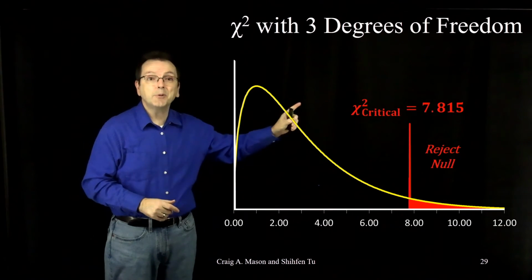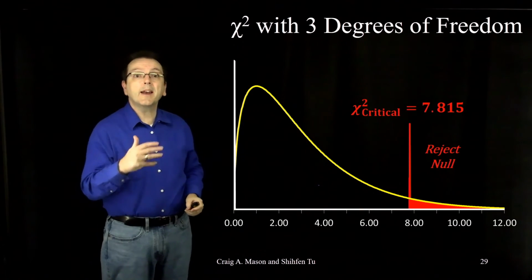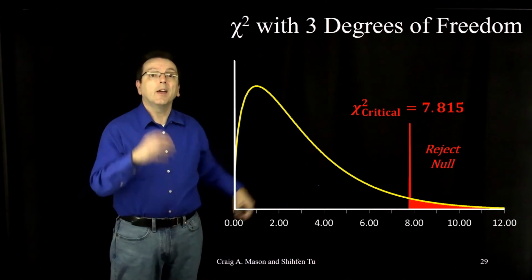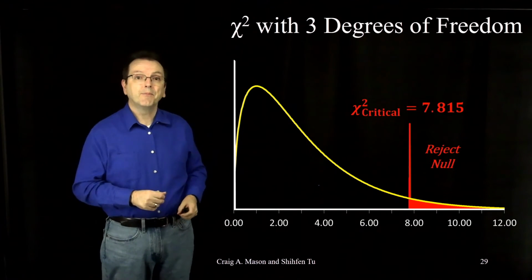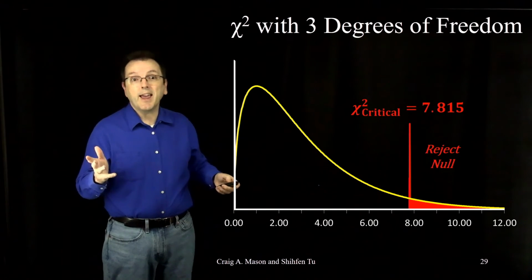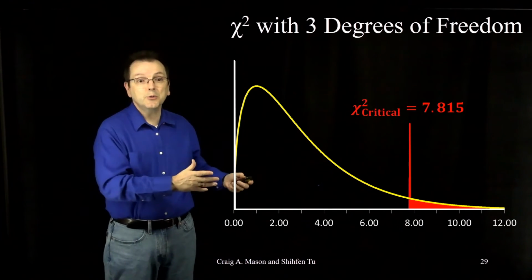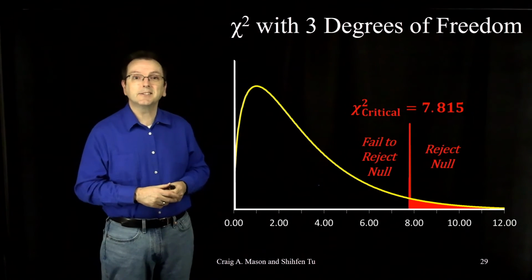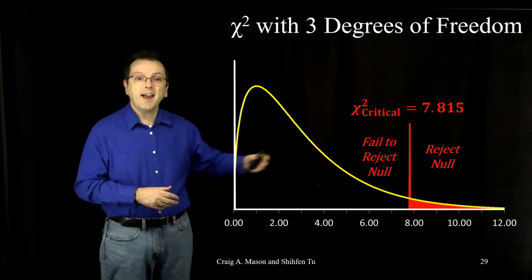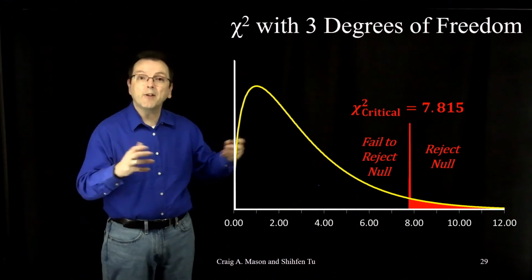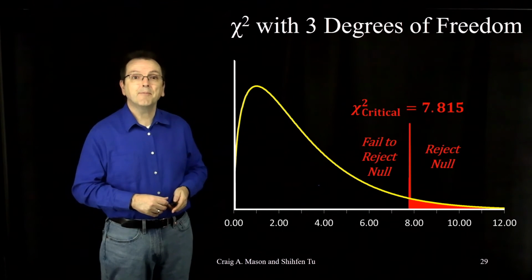Only 5% of the time would we get a chi-square value that extreme or more if the null is true. And if the chi-square is less than 7.815, we're going to fail to reject the null hypothesis, right? In that case, it's less likely than our alpha level. We're going to fail to reject, right?